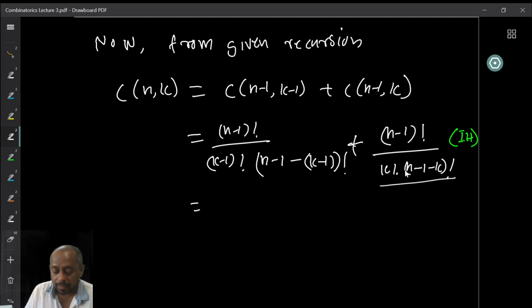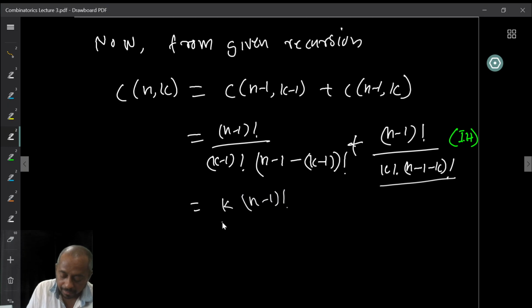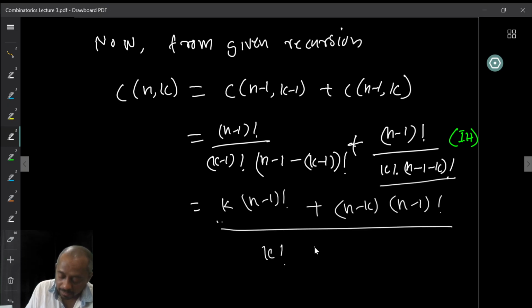So therefore we will get the common denominator, and therefore we can add. So what we will get is k into n minus 1 factorial plus n minus k into n minus 1 factorial over k factorial into n minus k factorial.